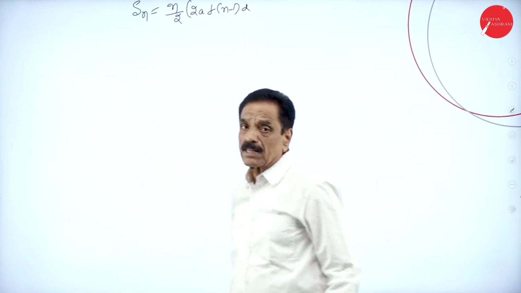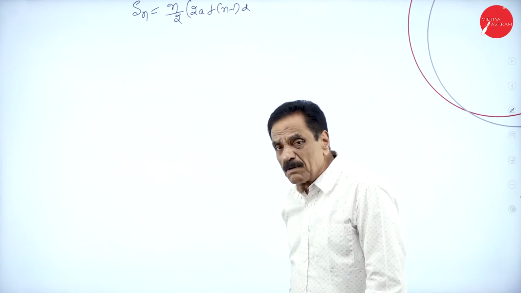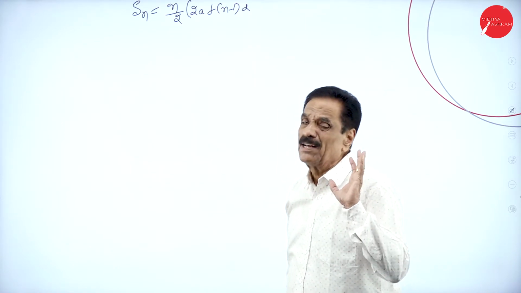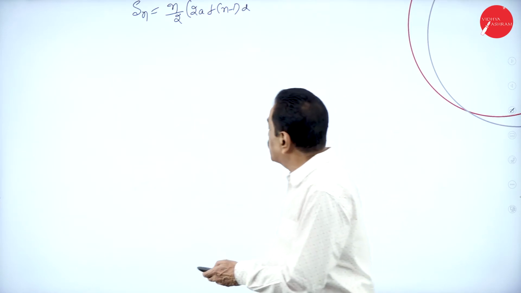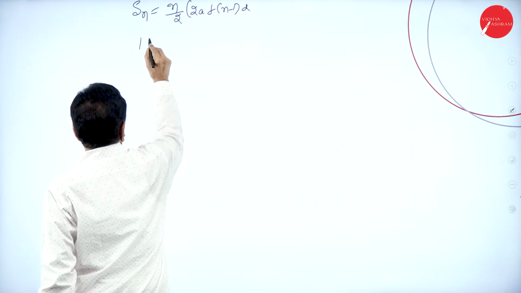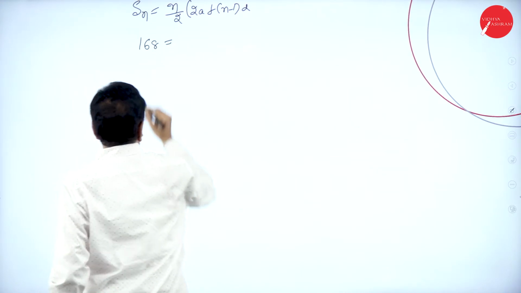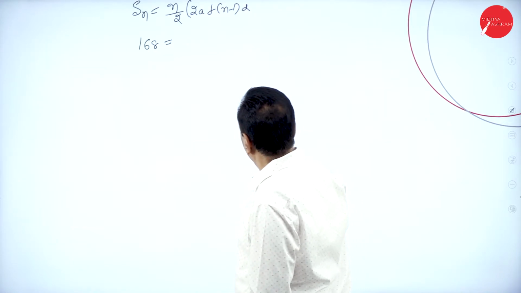You must learn the formula very, very properly. All mathematics is based only on formulas. So what's your Sn now? 168. D is given, n you have to find out.